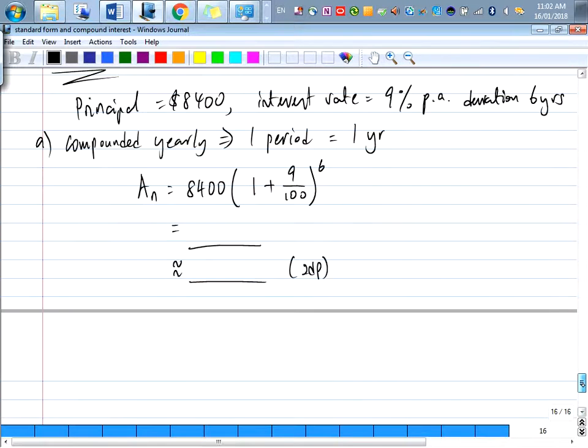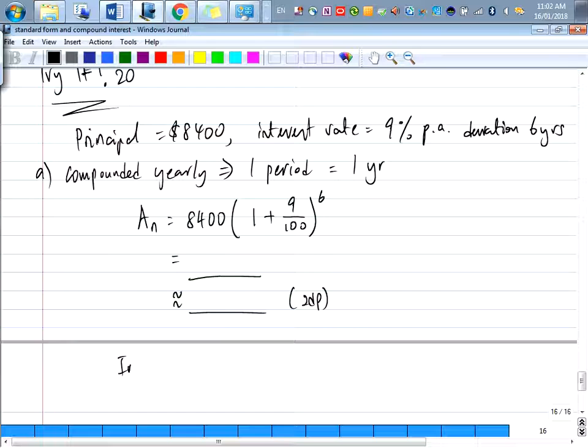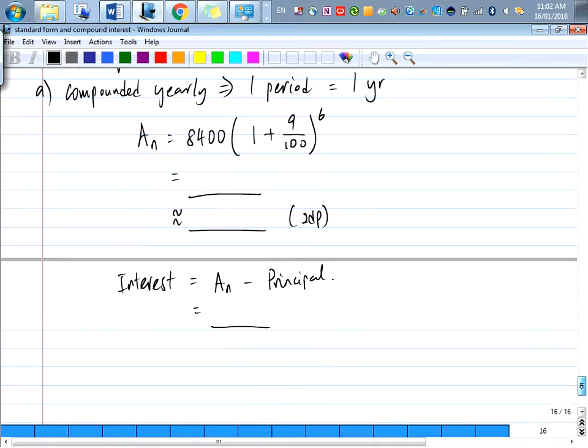There is still one more step, because we will still need to find the interest, which will equal A(n) minus your principal. Okay? So then that will be your final answer. And I'm not going to spoon feed it to you because the answers are already at the back. Any questions for part A? Straightforward. The slightly more challenging one will be in part B. Okay, compounded monthly.